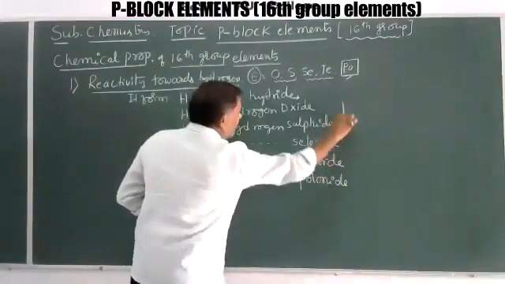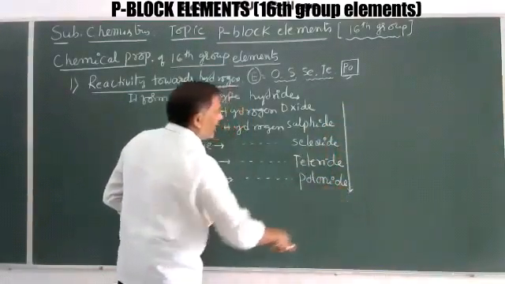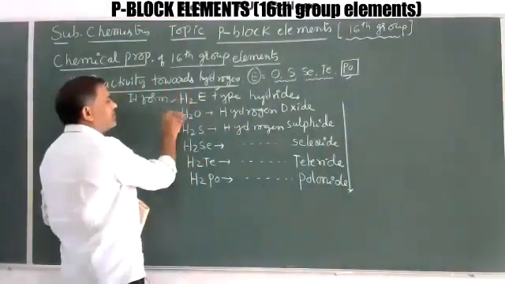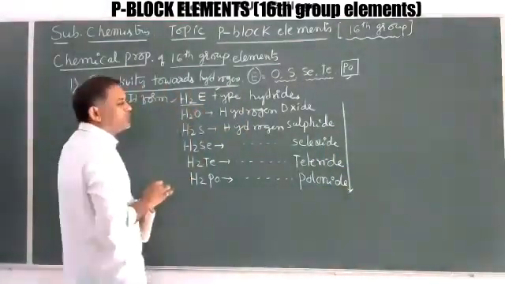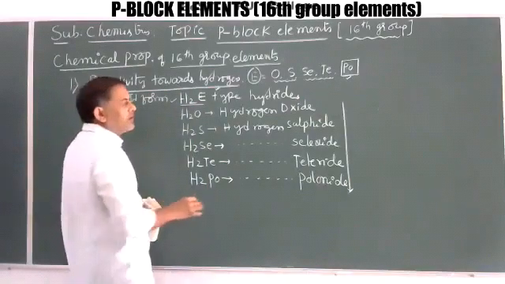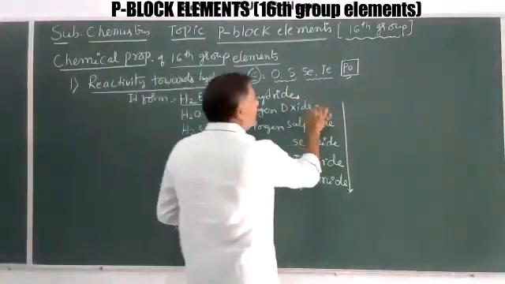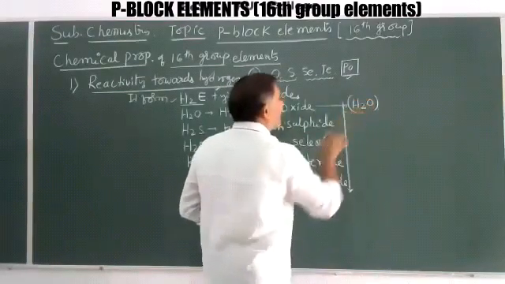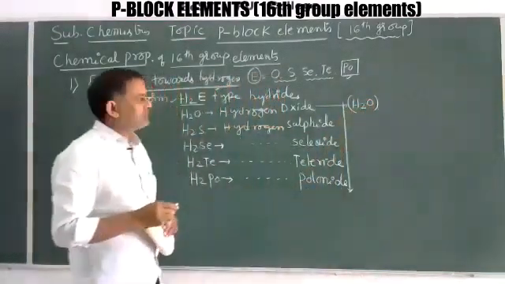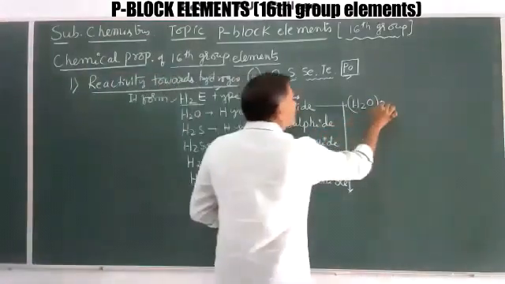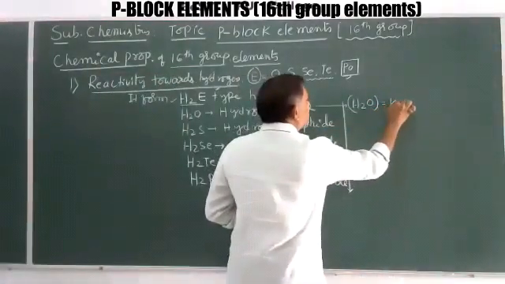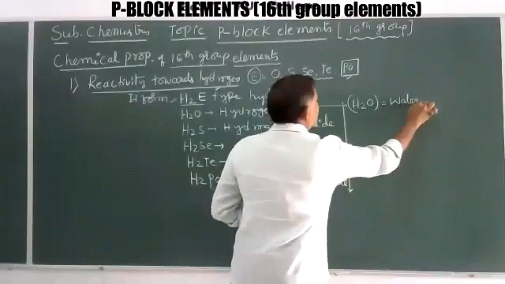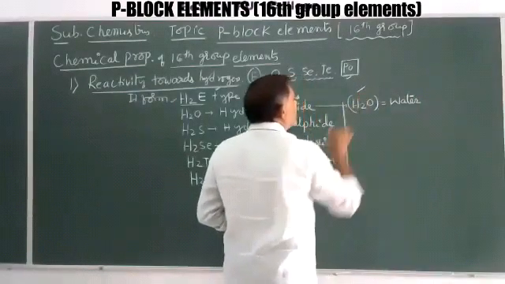These are some important hydrides of the 16th group elements, of the H2E type. Hydrogen oxide has another name, water. This is the universal liquid, water, the universal solvent, with many important uses.